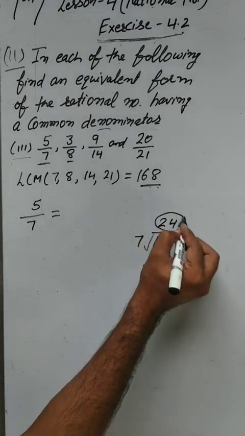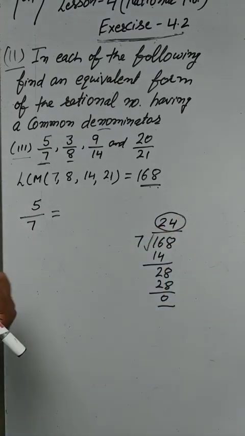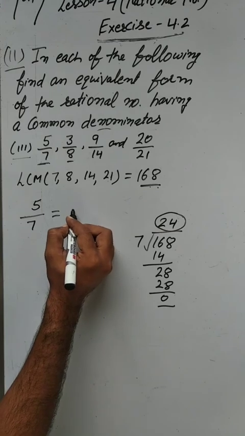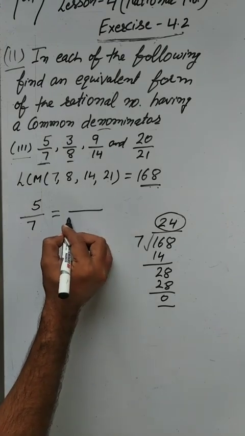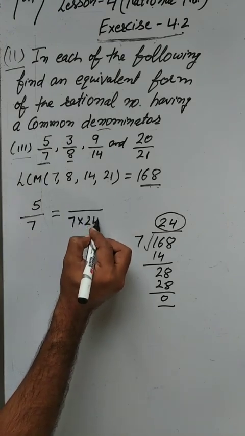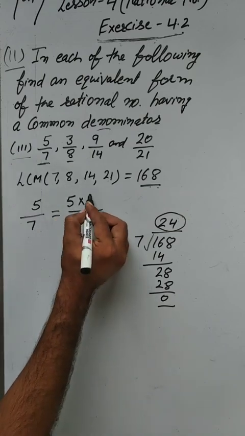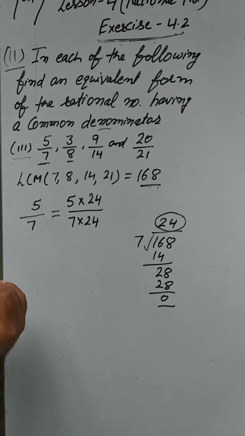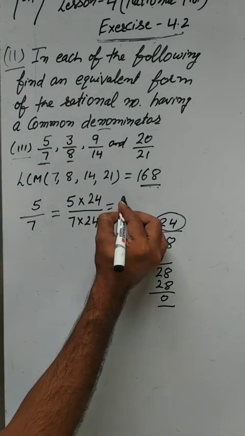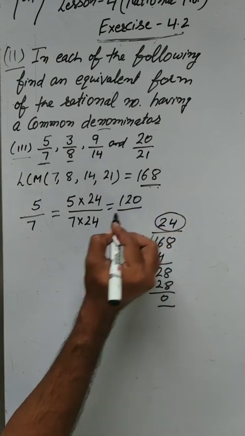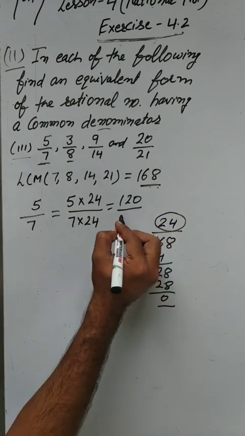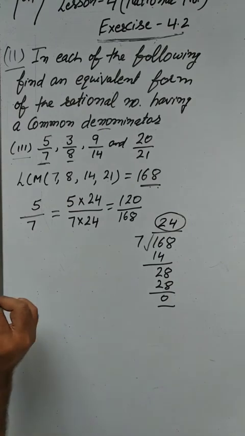Now with what number do I have to multiply 7? With 24. Understood beta? So 7 multiplied by 24. With the same number you have to multiply 5 by 24. So 5 into 24 will be 120, and 24 into 7 is 168.